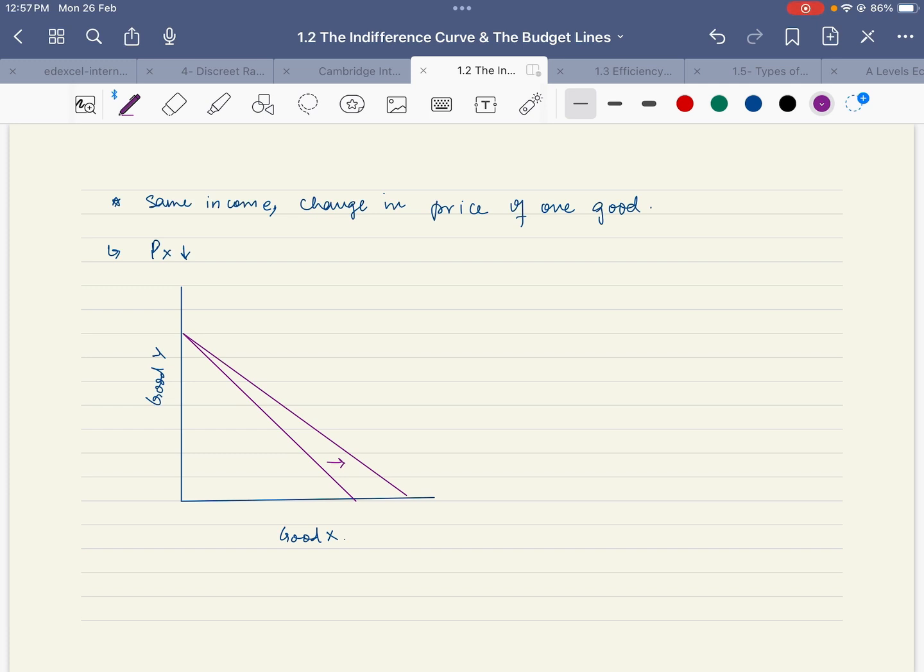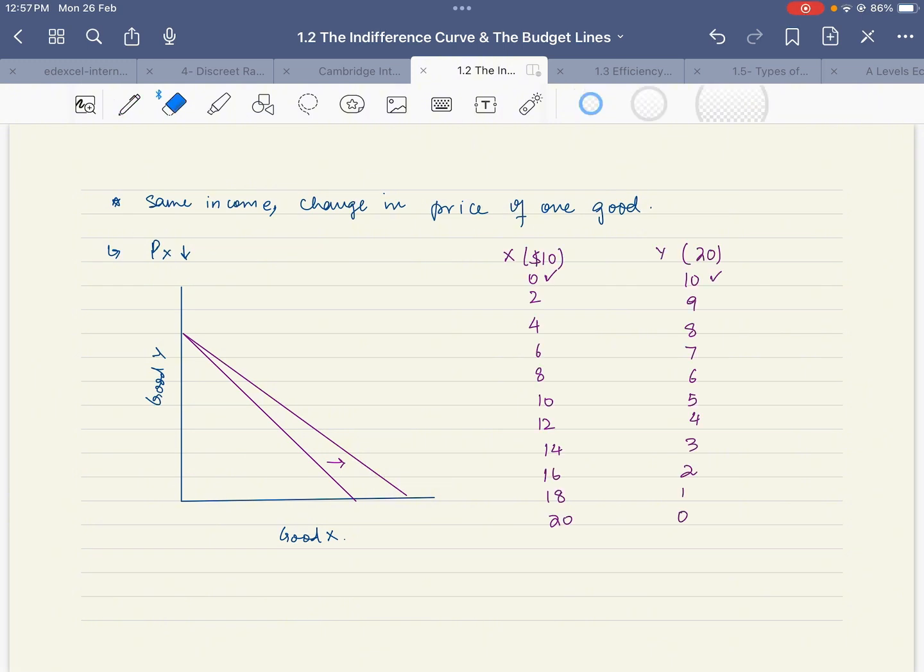In this case the price of X was $10. If it falls by half, the price is now $5, right?